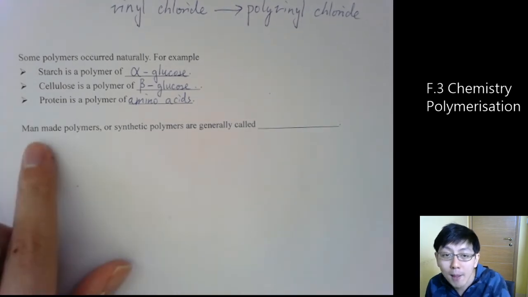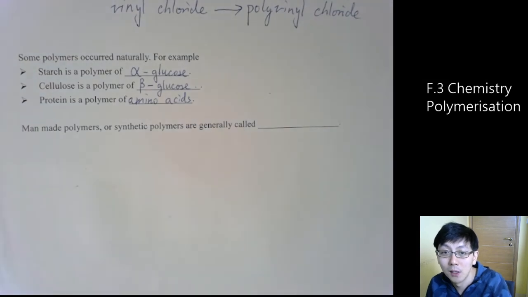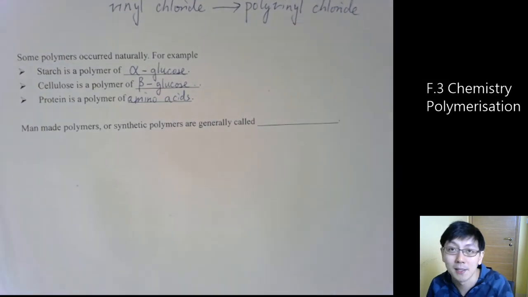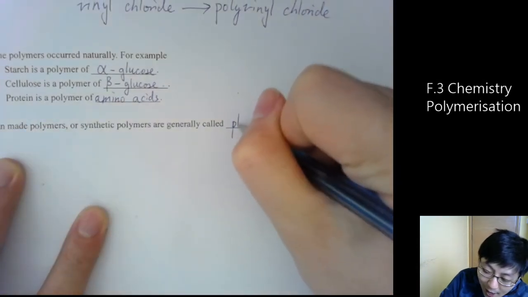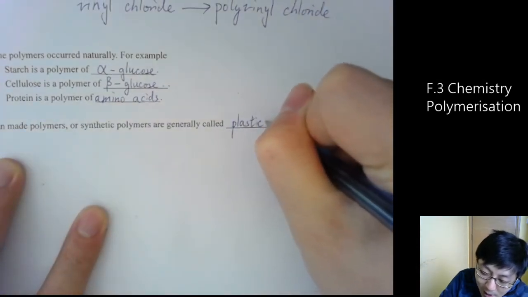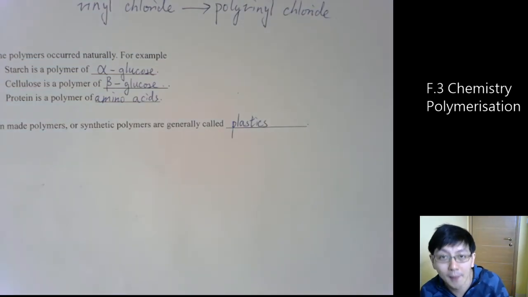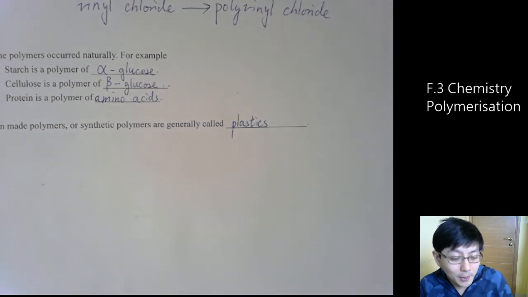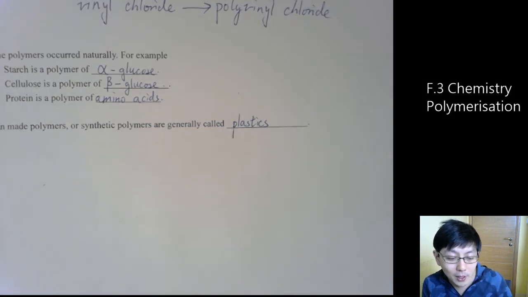We call them man-made polymers or synthetic polymers. This term sounds difficult, but it is actually something you hear about in daily life. These kinds of polymers are called plastics. So plastics are actually man-made polymers.